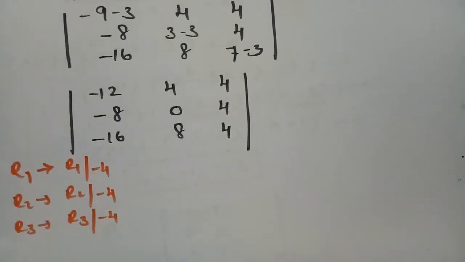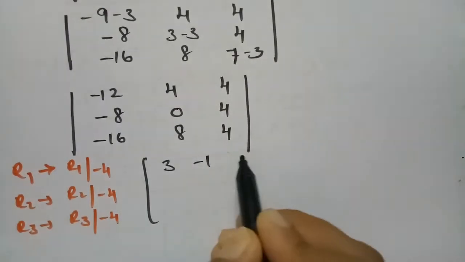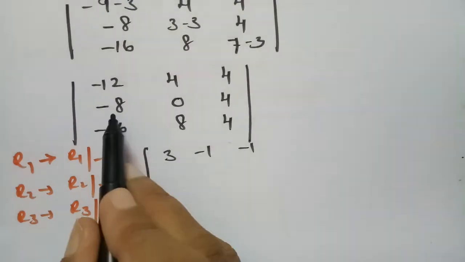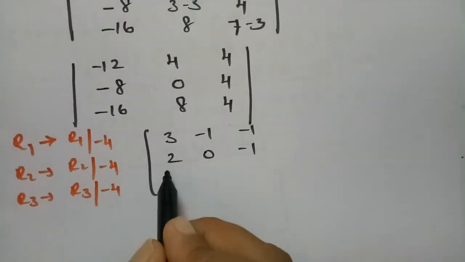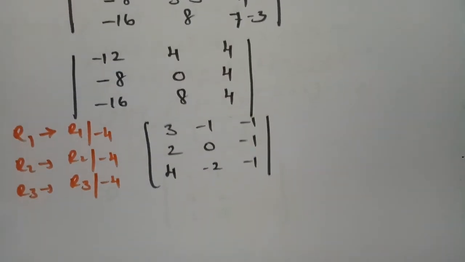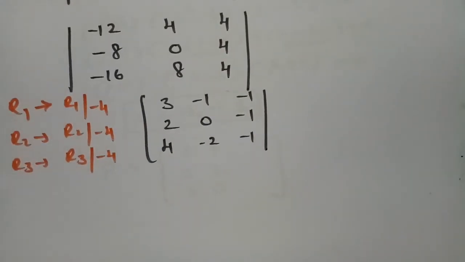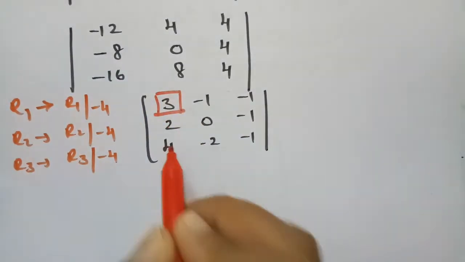So if I take minus 4, then see this will be 3 minus 1 and divided by minus 4. So this will be 2, 0, minus 1, and this is 4, this is minus 2, and this is minus 1. Now using the first diagonal element, I have to make these two 0.